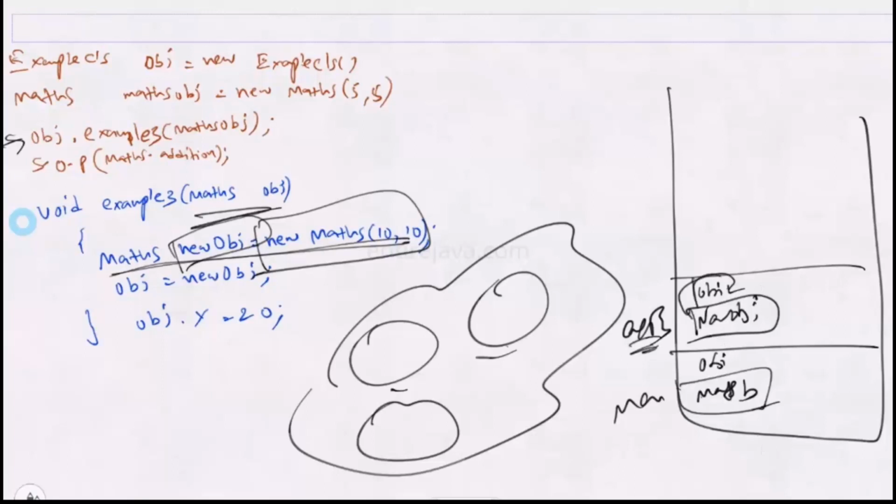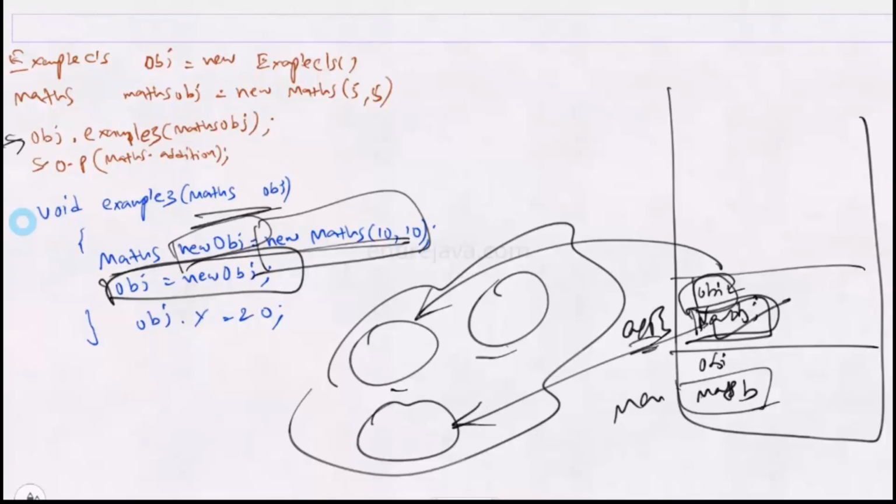So obj was actually pointing to this object earlier, but with this line now it's pointing to whatever this reference variable is pointing to. Now this is pointing to this object, hence even this would start pointing to this object. This is no longer pointing to the actual object. So whatever updates I do with object.x equals 20 or object.y equals 30, it will be updated in this particular object, but not the original one.